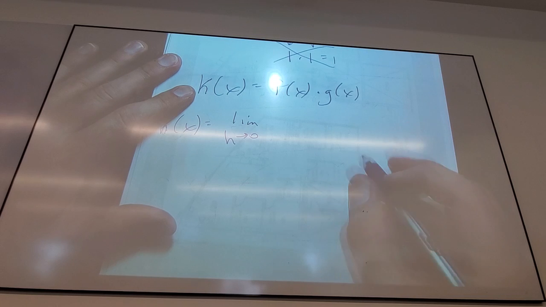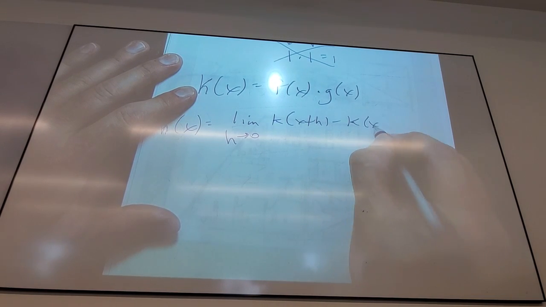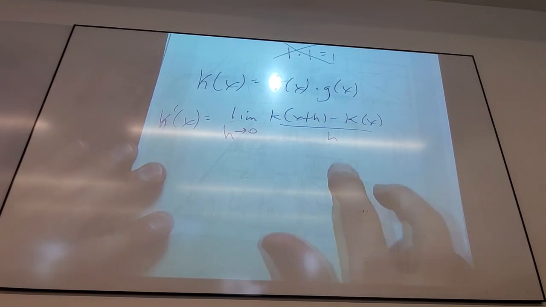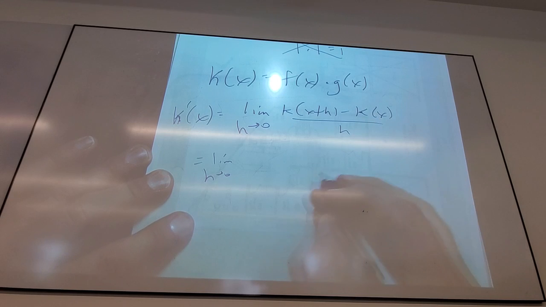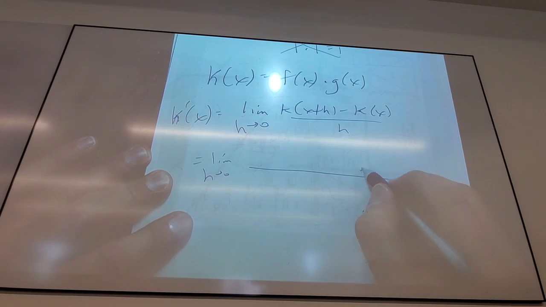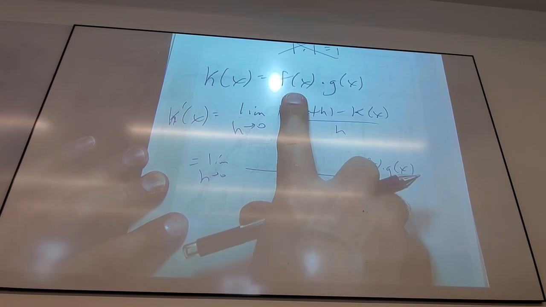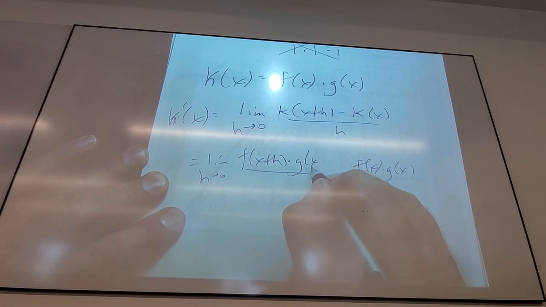Let me write this down. That is how I figure out k prime, yes? What is k though? What is k of x? f of x times g of x. So what is k of x plus h? f of x plus h times g of x plus h.